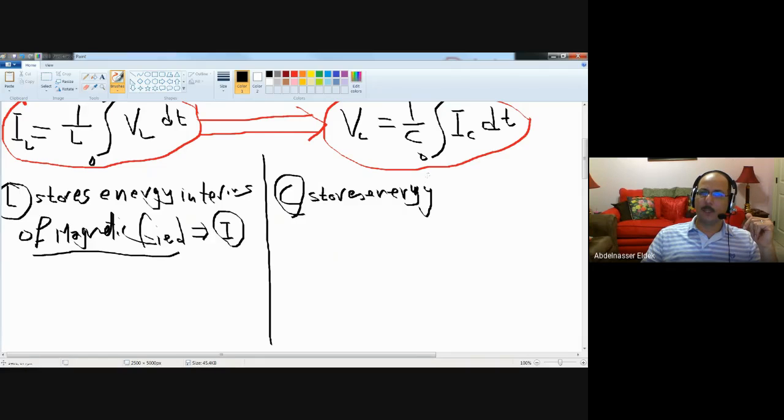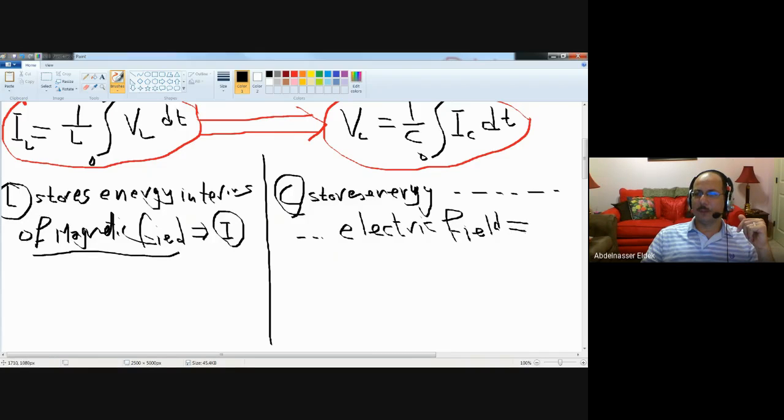The capacitor stores energy the same way, but in terms of what? In terms of electric field. Not magnetic, electric field, which is related to the voltage across the capacitor.